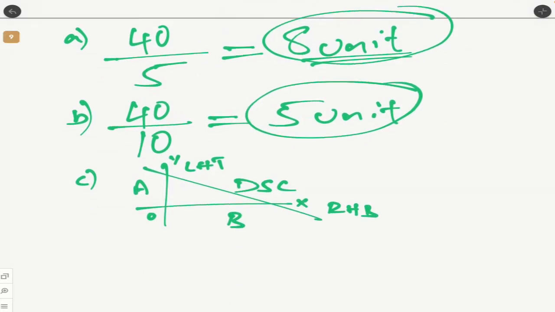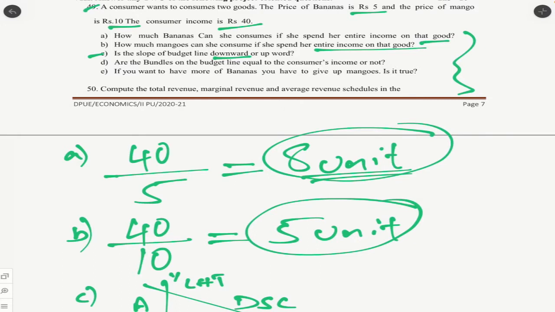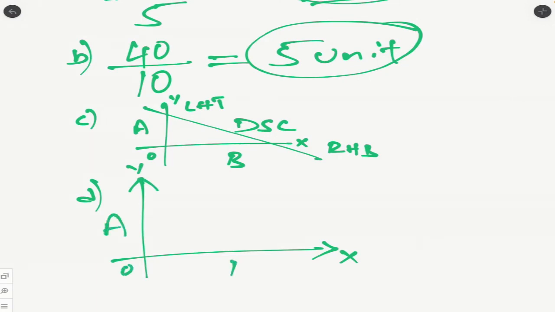Let's go to the fourth sub question. What is the fourth sub question all about? Are the bundles on the budget line equal to the consumer's income or not? Let us again have the graph. This is the x-axis, this becomes the y-axis, this is the origin. Let us say we have taken good A here and good B here and this is the budget line. The question that is asked is, if the combination of A and B selected is on the budget line, is it equal to the income?